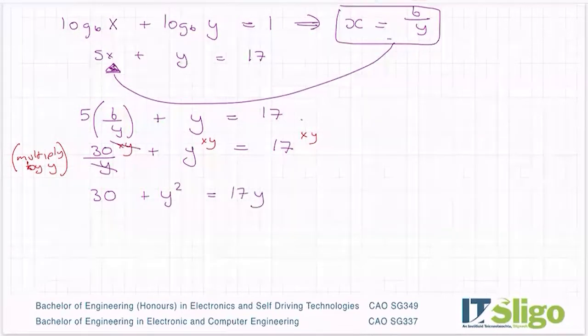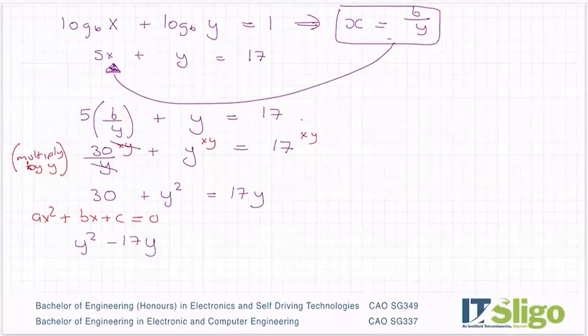So let's write that as our quadratic, and remember our quadratic is ax squared plus bx plus c is equal to 0. So let's write our y squared first. Let's bring over our 17y and it's going to become minus 17y, and then plus 30 is equal to 0.